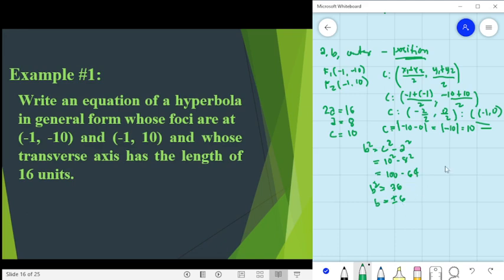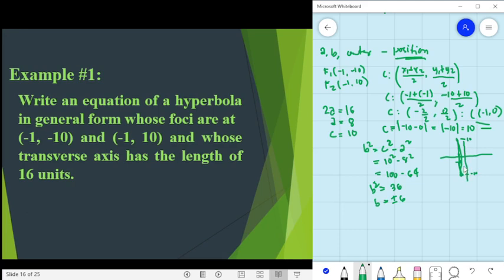Okay, so if we are going to plot the F1 and F2, we have here negative 1, 10 above, or negative 1, negative 10 here. So meaning, if we are going to connect the two foci, that means the transverse axis or the focal axis is parallel to the y-axis.